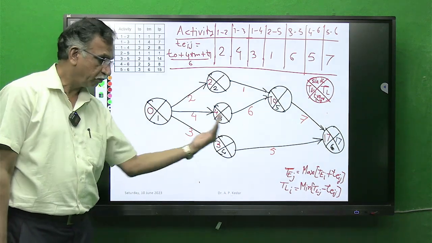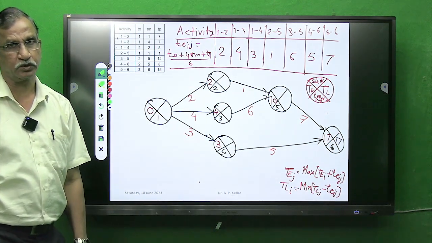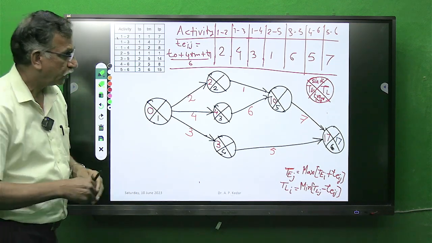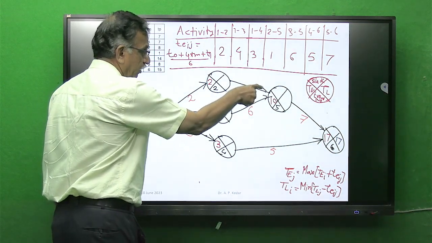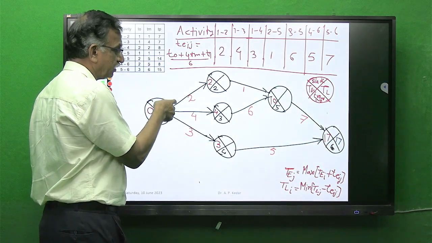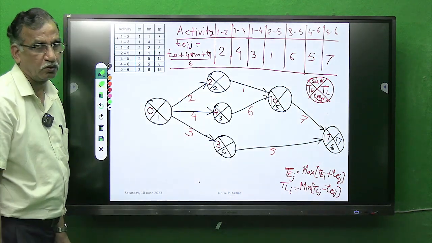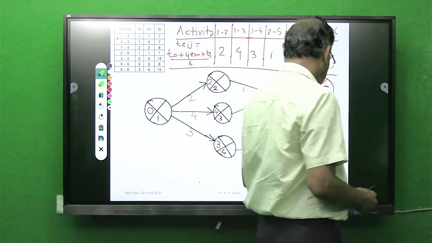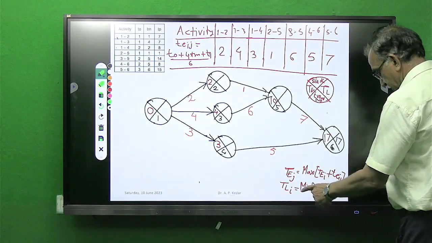And now the backward pass, reverse calculation. Wherever in the forward pass there were arrows, in the reverse pass there will be tails, the tail of the activity. Now what is the formula?